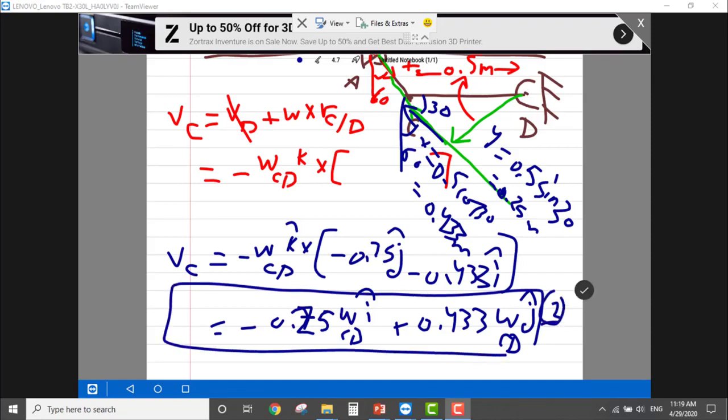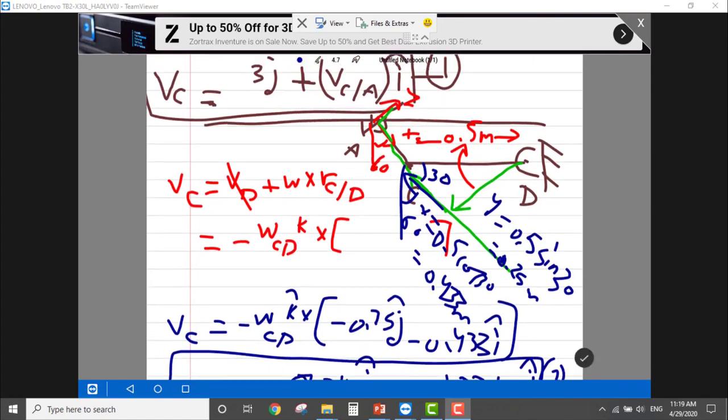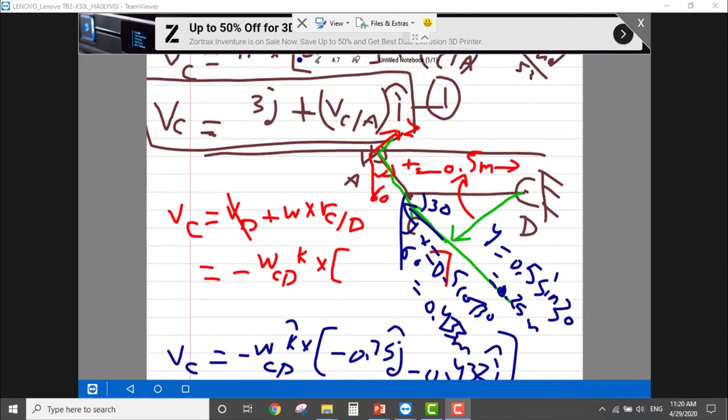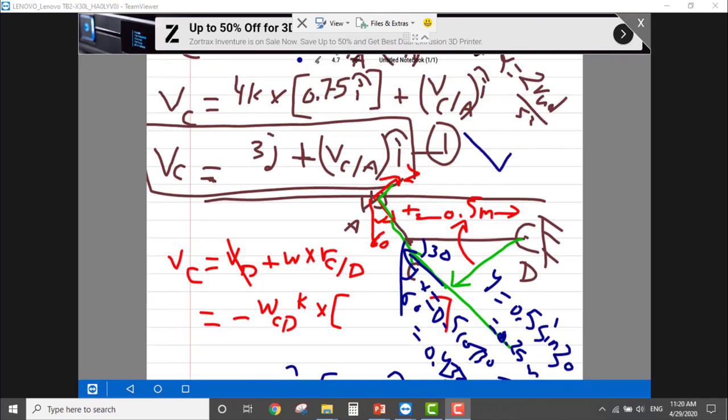Now equate 1 and 2. In equation 1 we have 3J plus VCA in the I direction.